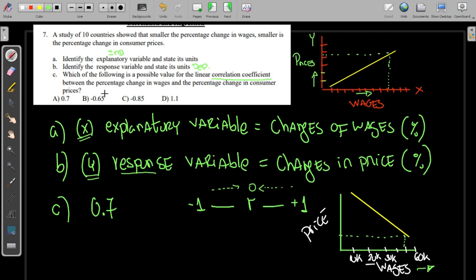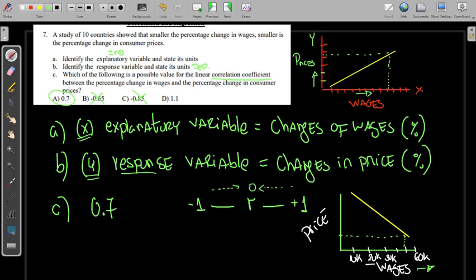So all these negative numbers are not going to reasonably explain the changes of wages and the changes of prices. It won't be a negative relationship. It doesn't make sense. While the positive one makes more sense: the more you earn, the more things are going to increase in value when you buy them. So this seems more natural.